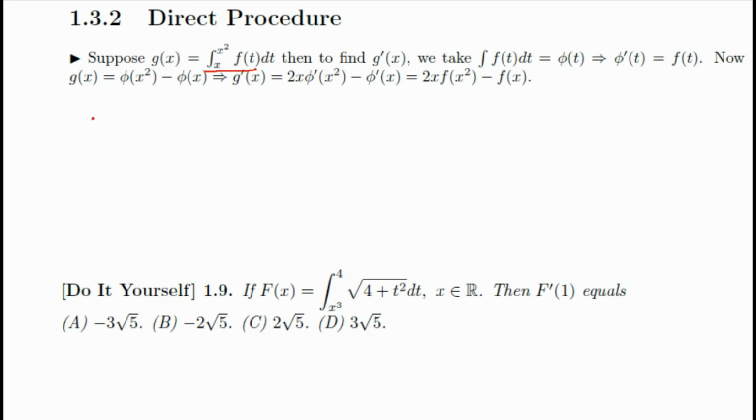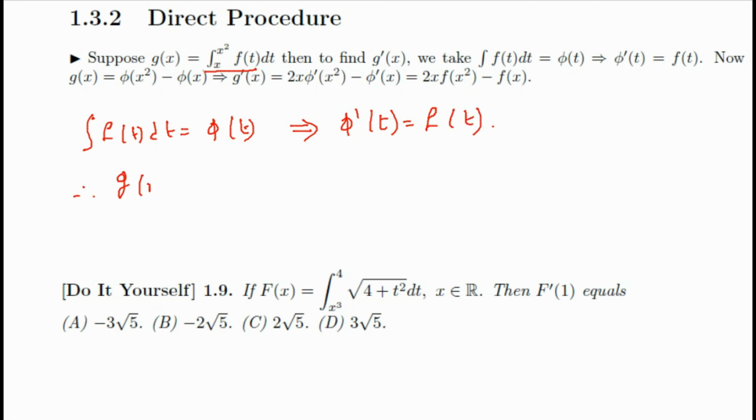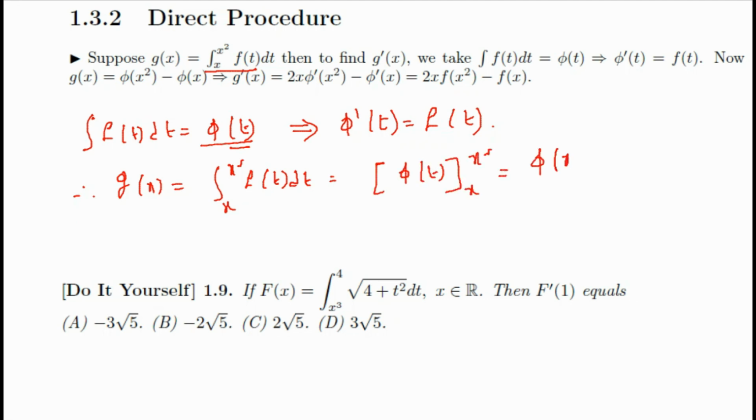It can be easily established. There is an integration of f of t. Suppose we take integration of f of t dt equal to some function phi of t. Now from here you can get phi dash t equal to f of t. Therefore g of x equals integral x to x square of f of t dt, and the integration of f of t is phi of t, so phi of t from x to x square, so phi of x square minus phi of x.